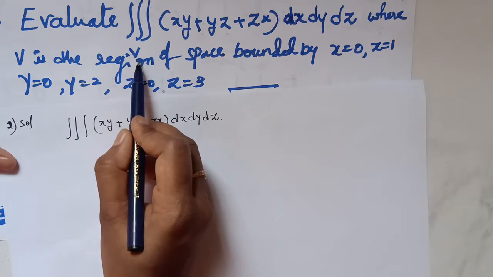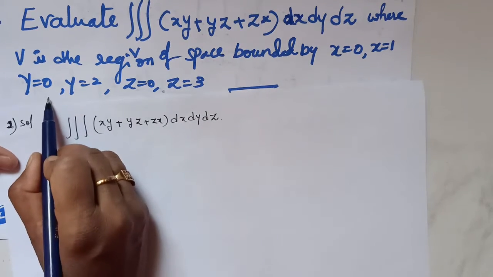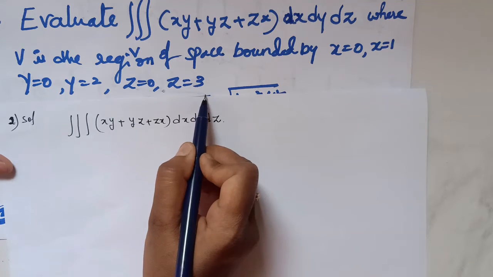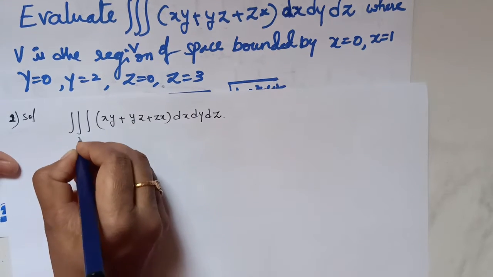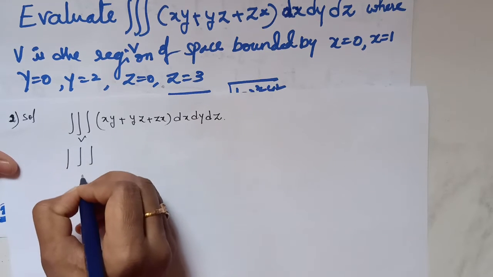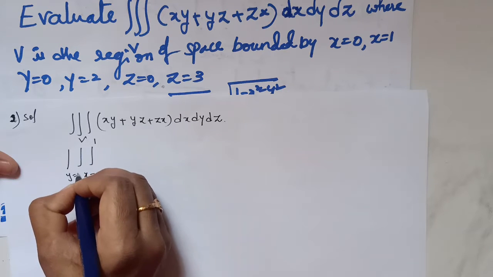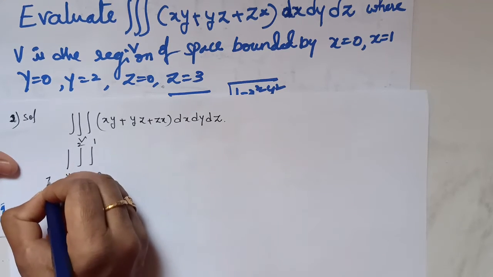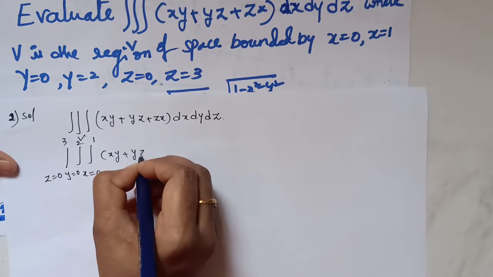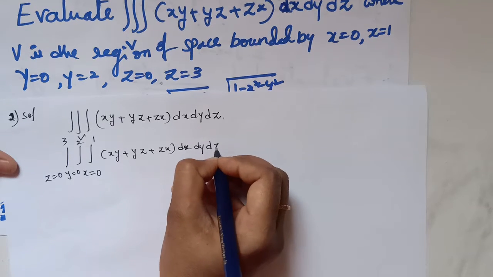This region is bounded by x equals 0, x equals 1, y equals 0, y equals 2, z equals 0 and z equals 3. So these are the limits for x, y and z. X is equal to 0 to 1, y is equal to 0 to 2 and z is equal to 0 to 3, of xy plus yz plus zx dx dy dz.